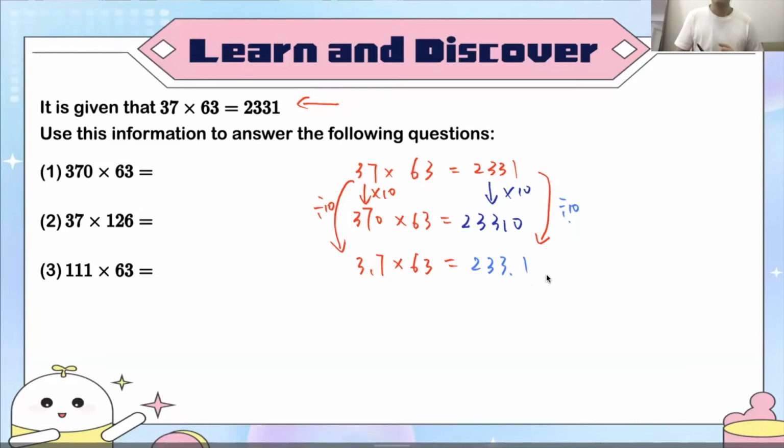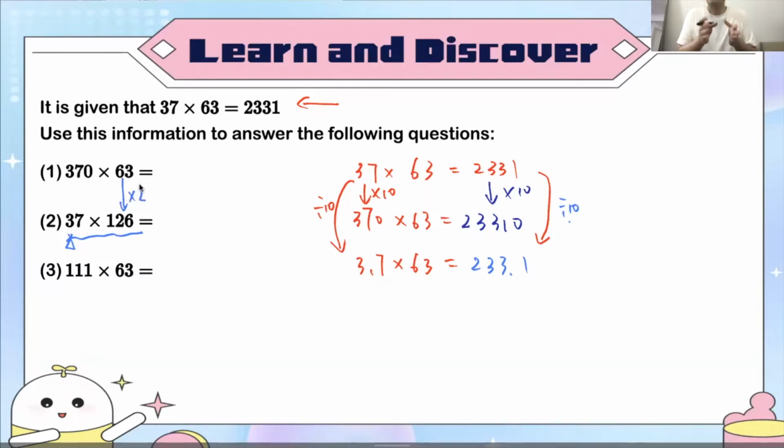For the second question, how can we get the answer? If we keep one multiplier the same and change the other one from 63 to 126, we times 2.